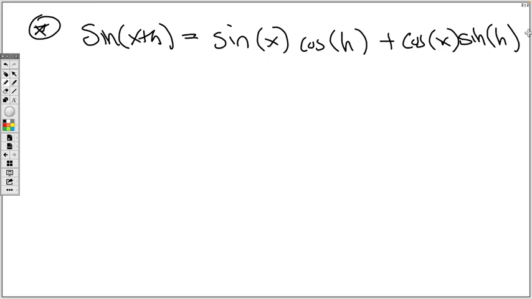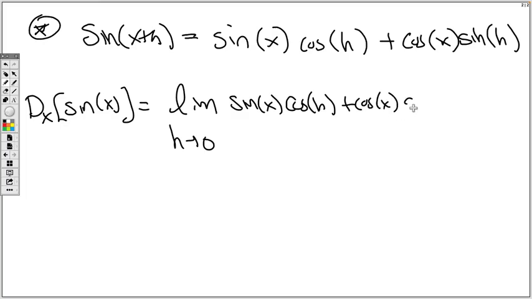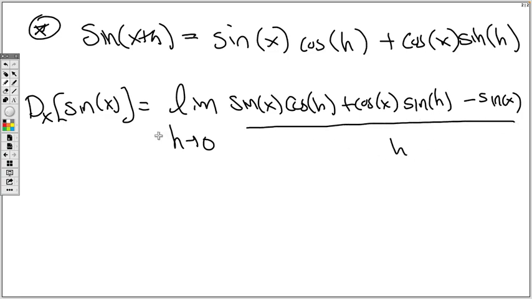We're not going to spend the time to review that story today, but we're just going to use this in our limit. Minus sine x. This is what we plugged in for sine of x plus h.